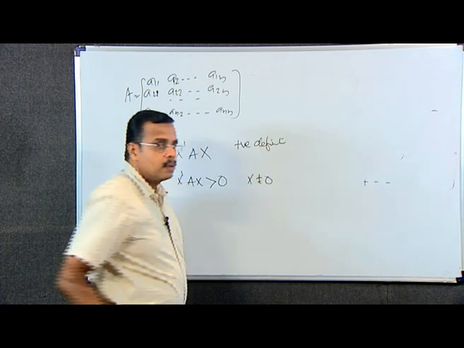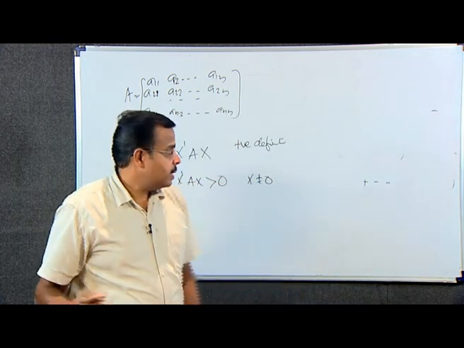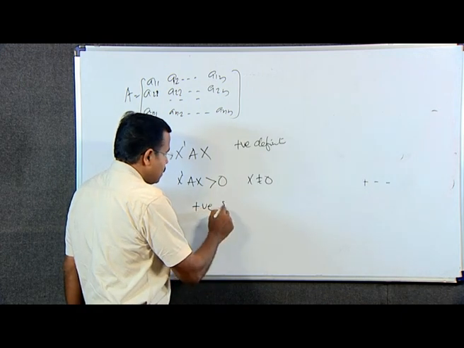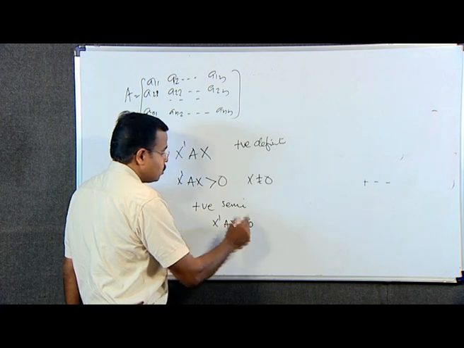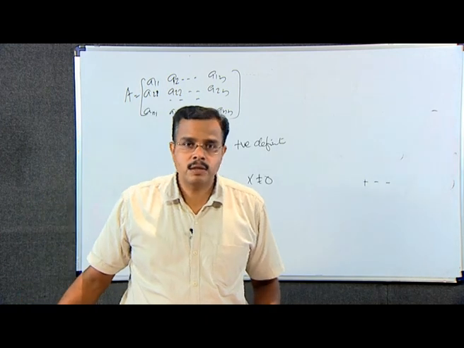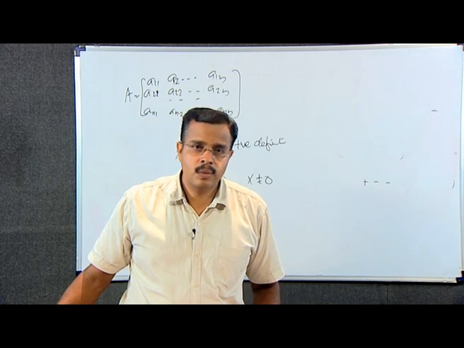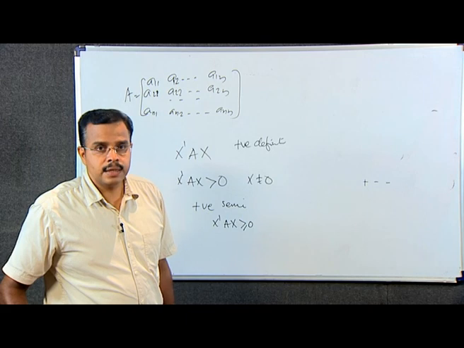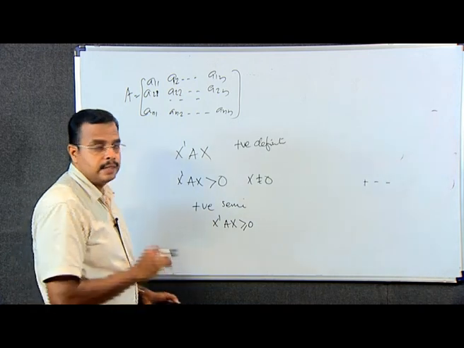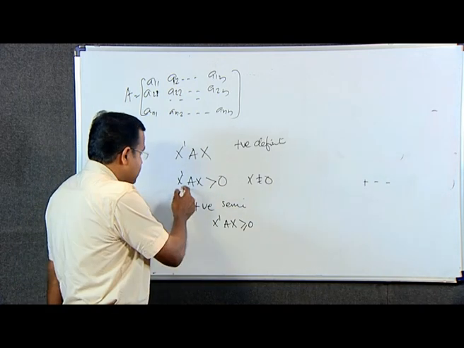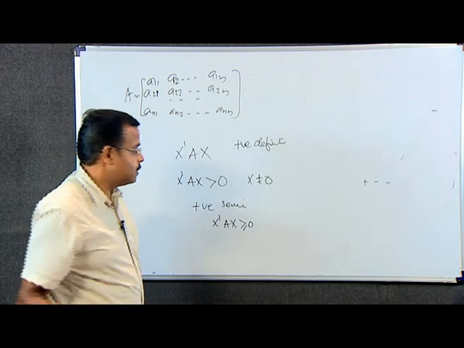It is said to be positive semi definite if x dash Ax greater than or equal to 0 for all x, and there is at least one non-zero vector for which x dash Ax equal to 0. Negative definite and negative semi definite forms are defined by reversing the inequality signs in the above definition. That is x dash Ax less than 0 is negative definite, and x dash Ax less than or equal to 0 is negative semi definite.